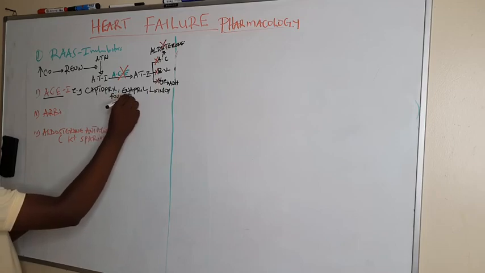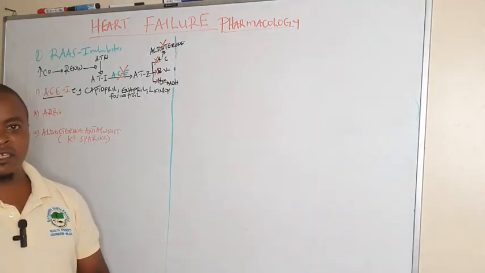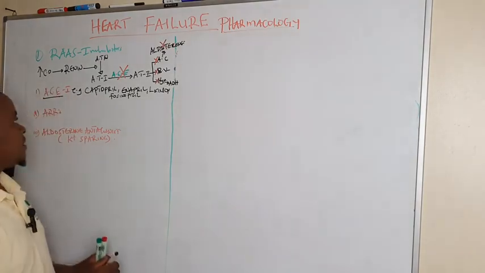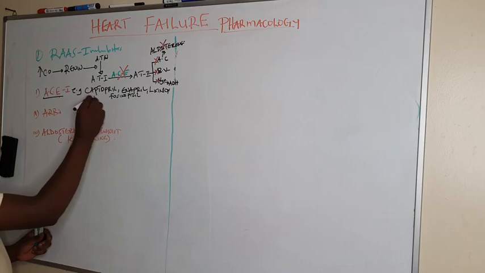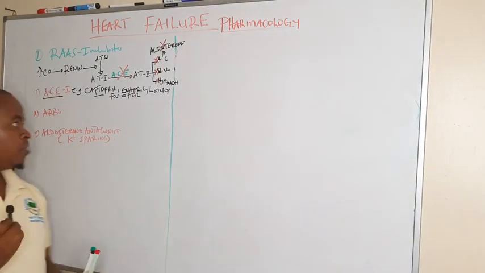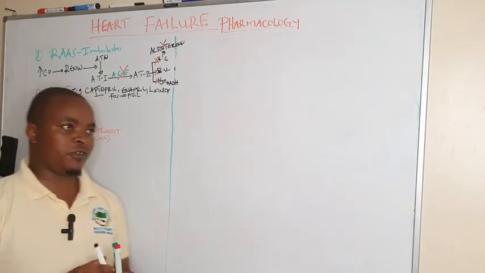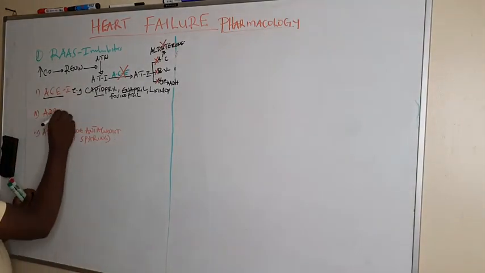So all drugs that end with pril belong to ACE inhibitors. And these drugs are used for treatment of heart failure, especially they majorly target both systolic and diastolic heart failure, including ARBs.